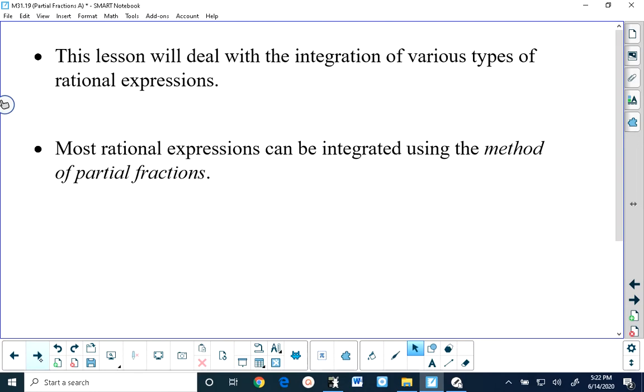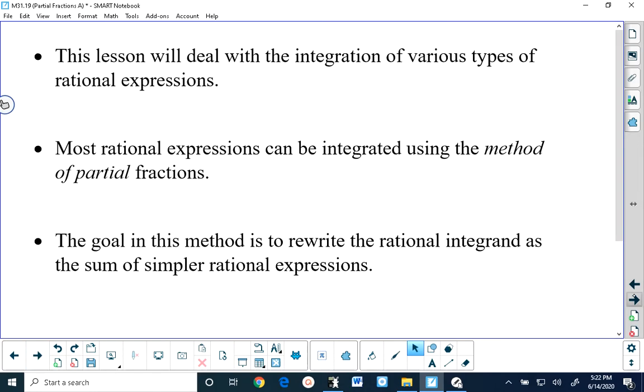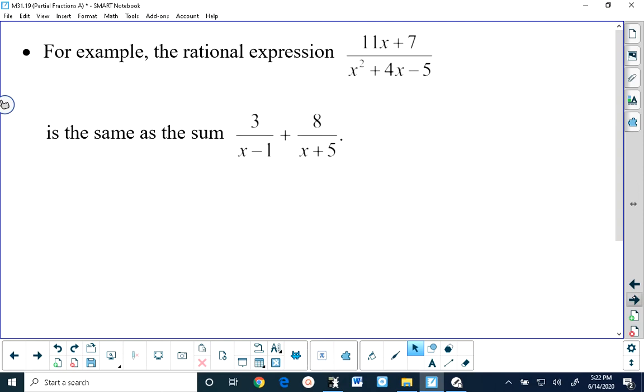But they do exist. The whole goal in using this method is to take the integrand, which is a rational expression, and rewrite it as a sum of simpler rational expressions. As an example, the rational expression (11x + 7) over (x² + 4x − 5) happens to be exactly equal to 3 over (x − 1) plus 8 over (x + 5).